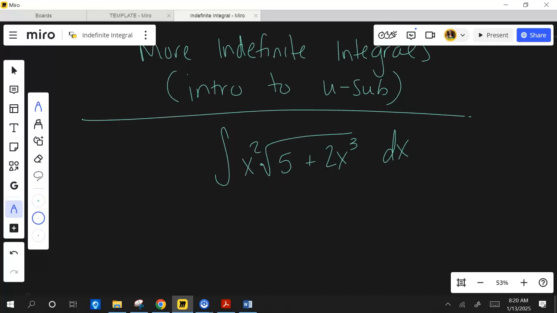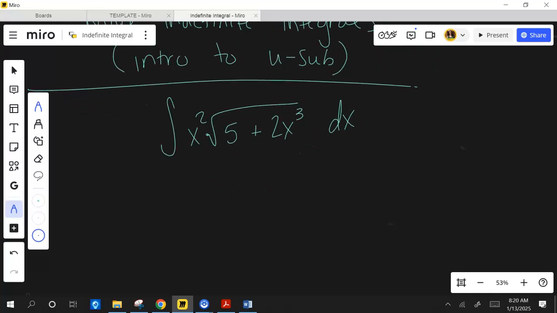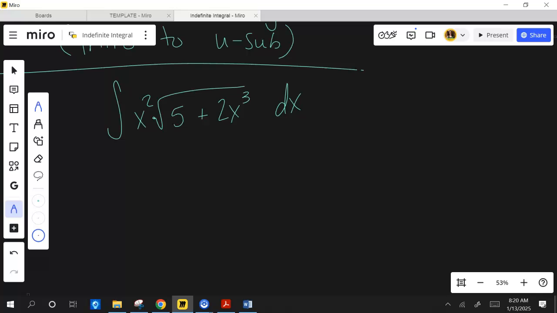Yeah, I know how to do it. What if I sub this out? This is what we call U substitution. Do you see that there are two functions contained within here? Function 1, function 2. Agreed? I'm going to let U be one of the functions.